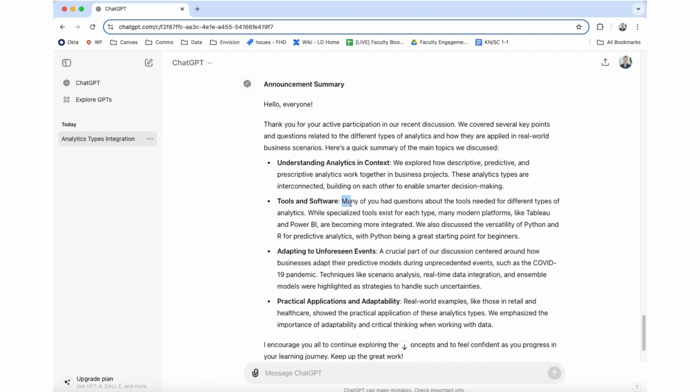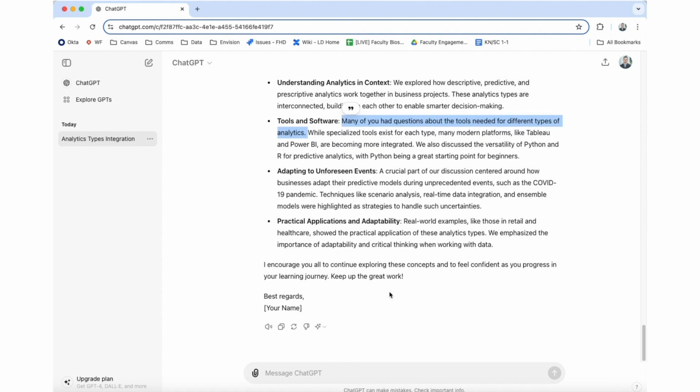It's even picking up that many of you had questions about the tools needed for different types of analytics, and it attempts to answer those questions. You can then ask follow-up questions if you want more specifics, or copy this text and edit it so that it's more accurate given your subject matter expertise.